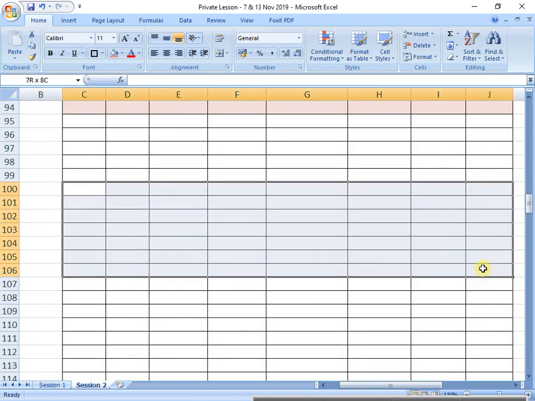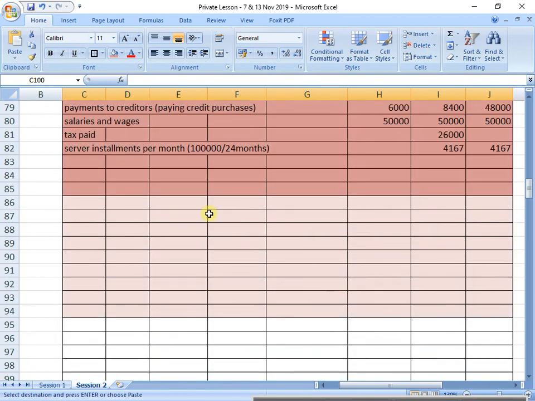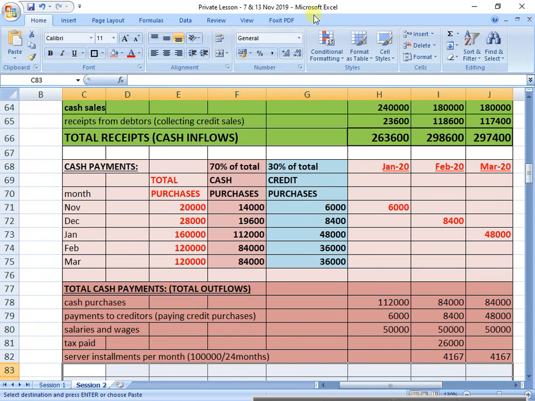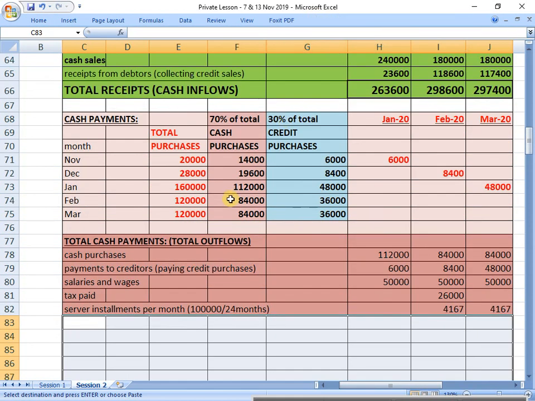All we need to do now is just to summarize. Total column.